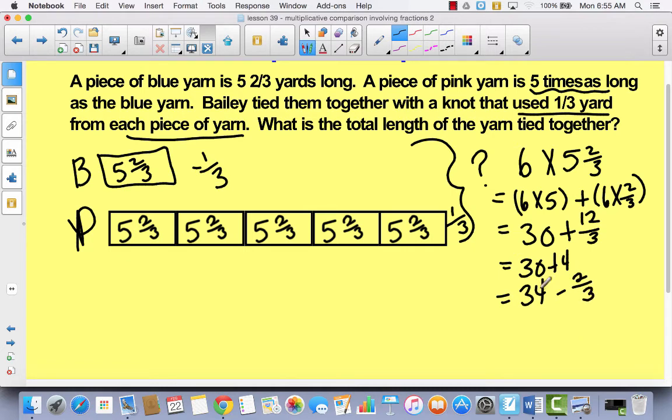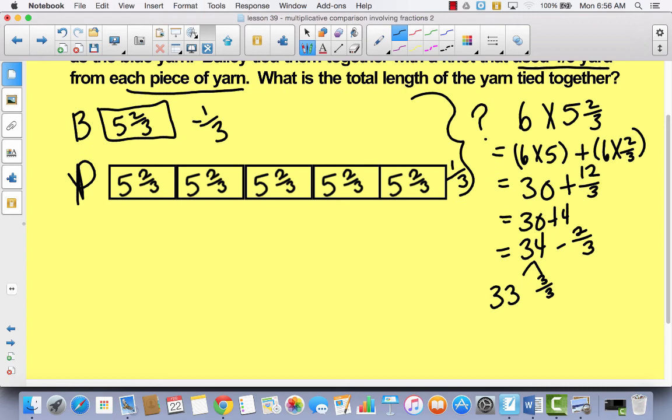So I could go back a step here. How am I going to get 34 minus 2/3? Probably the easiest way to do that would be to take one whole and change it into 3/3 like this. And then I can take 2/3 away from 3/3, which gives me 1/3, and then add that to the 33. So 34 minus 2/3 is 33 3/3 minus 2/3, and that equals 33 1/3.